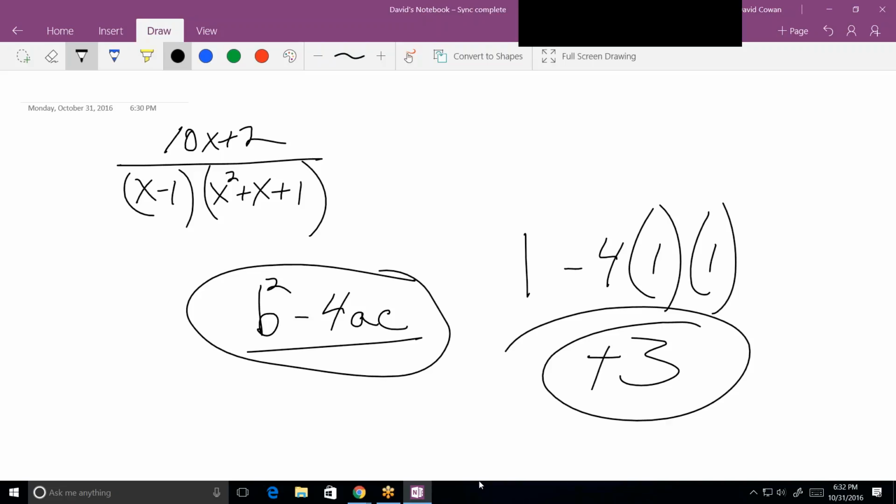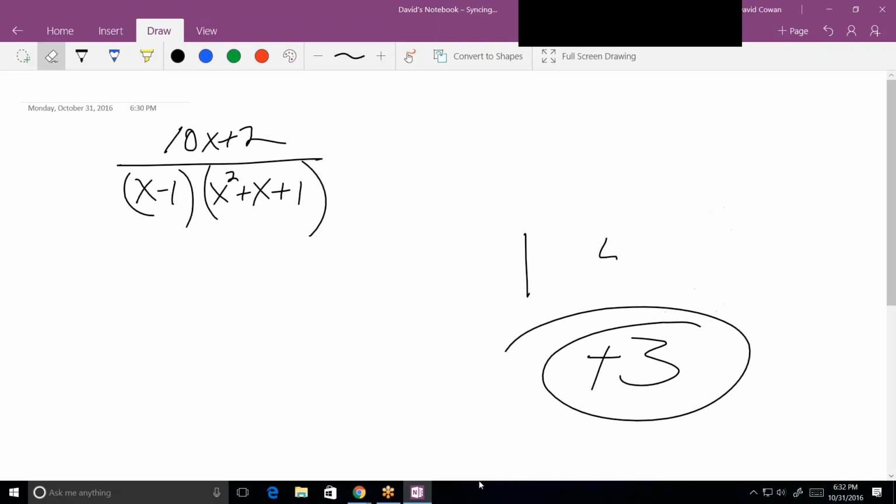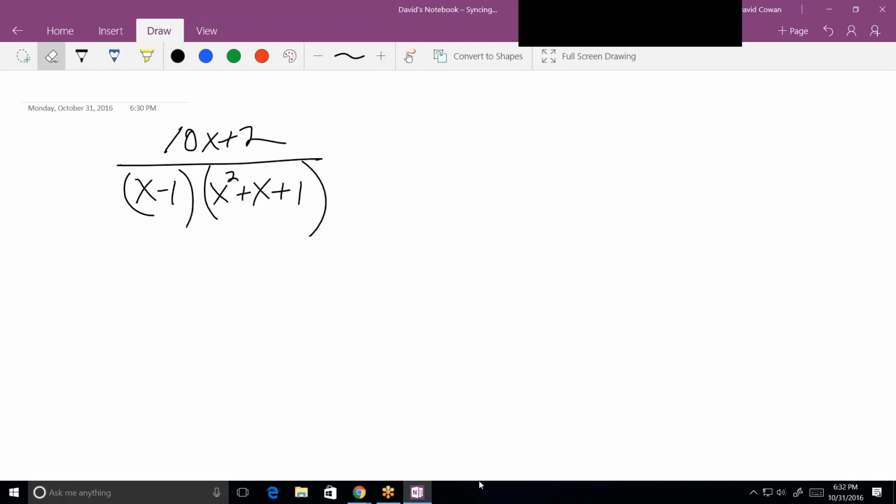If that turned out to be positive, then we'd have to use the quadratic formula to factor that. And if it's factorable, it makes all the difference in the world. Then we have an A, a B, and a C in 3 different terms. But if it's an irreducible quadratic, then we have A over x minus 1.